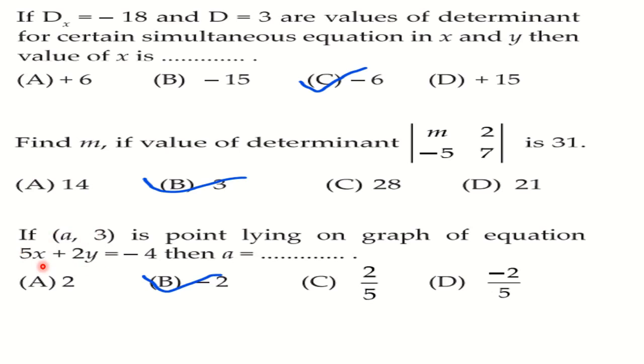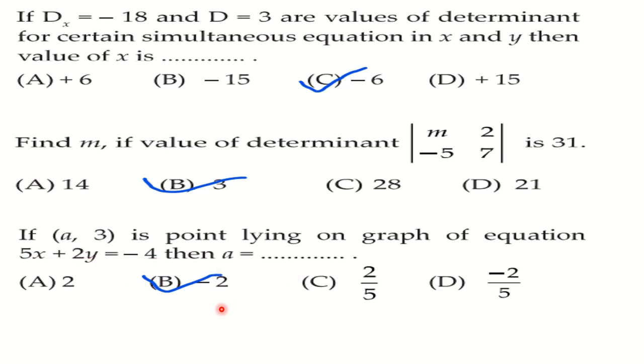We can replace x by a and y by 3. So 2 into 3 is 6. And if you shift it to this side, that will become minus 6. Minus 6 and minus 4 you are going to get minus 10. And here in place of x you are writing a. So what I got? 5a is equal to minus 10 and therefore a is equal to minus 2.